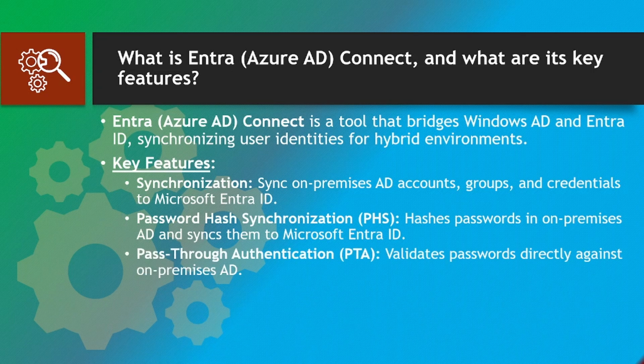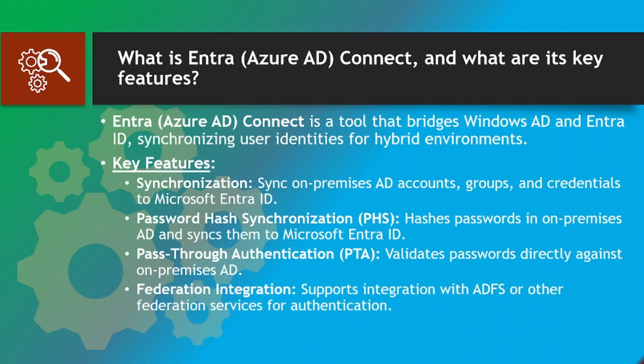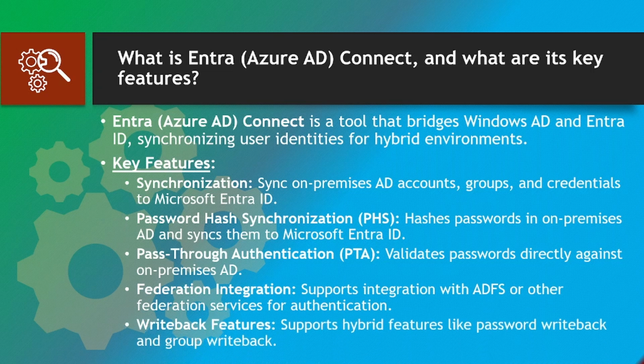Pass-through authentication (PTA): validates passwords directly against on-premises AD. Federation integration: supports integration with ADFS or other federation services for authentication. And the last one, writeback features: support hybrid features like password writeback and group writeback. So these are the ways we can use Entra Connect or AD Connect, and this will help us synchronize or establish the connection between on-prem AD and Entra ID.